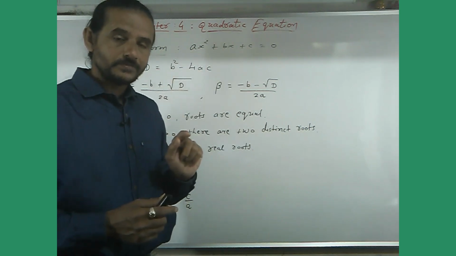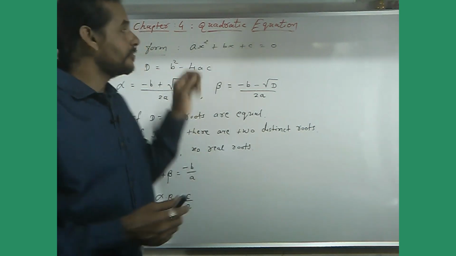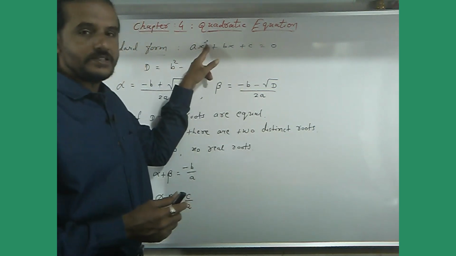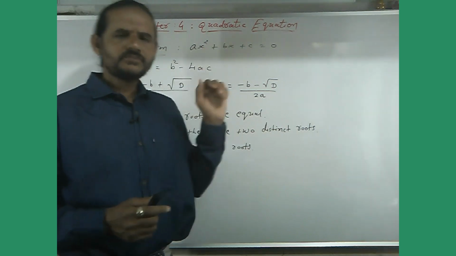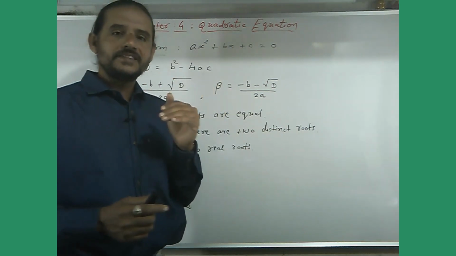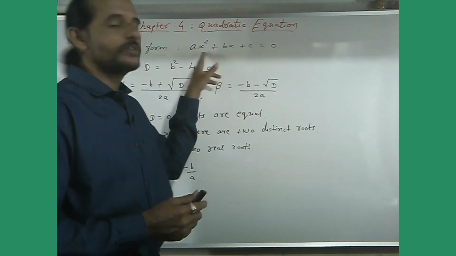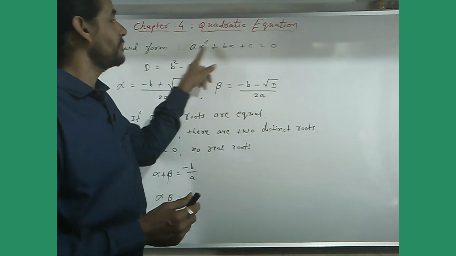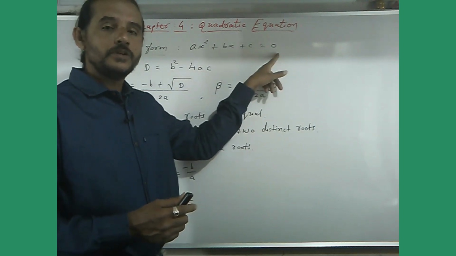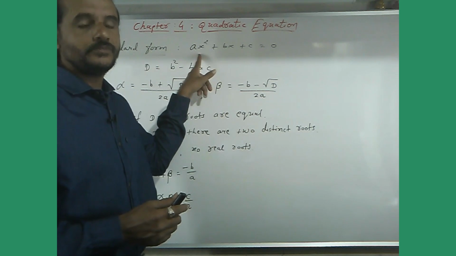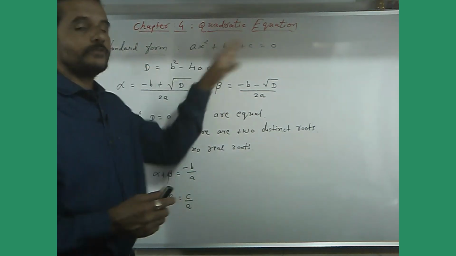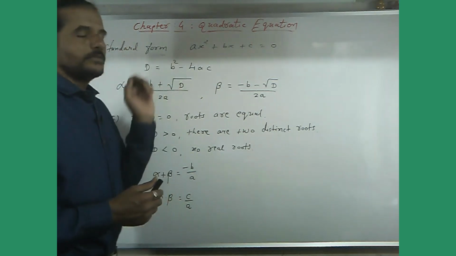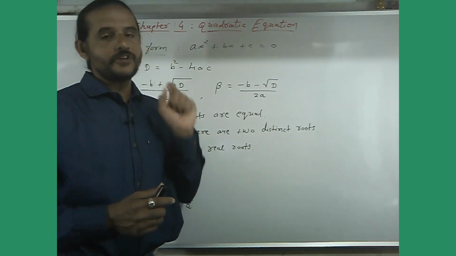But when we write p of x in descending order of their degrees, we get the standard form, and that is ax square plus bx plus c equal to 0, where a is not equal to 0, called the standard form of quadratic equation. Remember it.